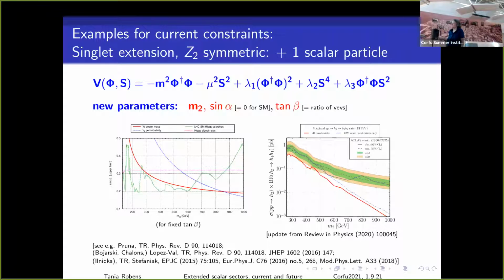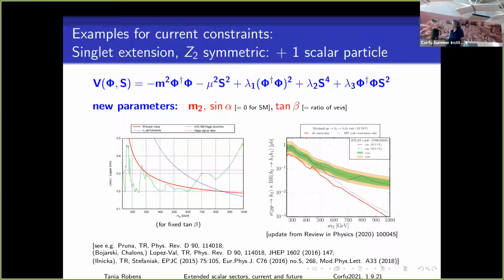What is interesting here is that, in fact, we already have strong constraints in large parts of parameter space from direct searches. But then at some point, the W boson mass takes over. So I think this is an interesting thing. And one should remember electroweak precision is important as well, right? On the right-hand side, you see predictions for a heavy resonance going to two standard model-like particles, so di-Higgs searches within this model.